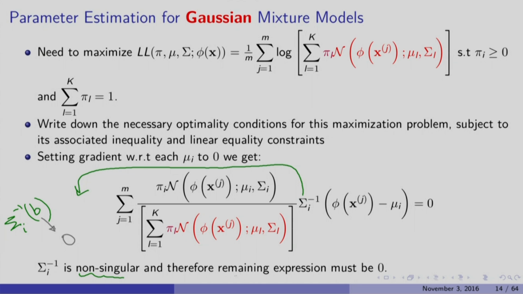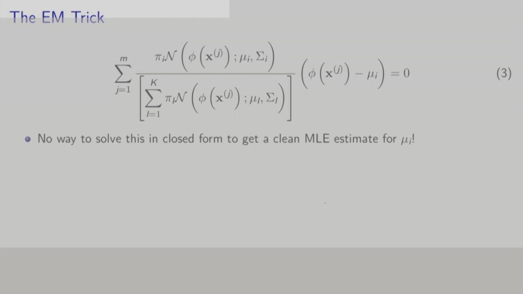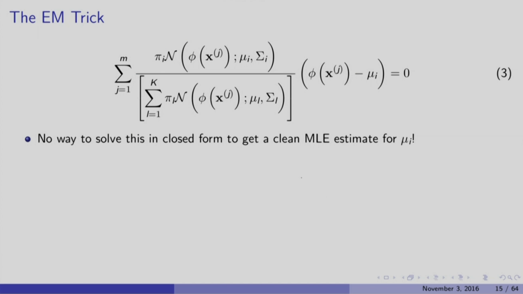And what is that remaining expression? Well, the remaining expression is everything except sigma_i inverse. So here is our remaining expression, this is the vector b, it should go to 0. Now this involves mu_i in extremely complex ways, so there is no clean way to solve this in closed form to get an estimate for mu_i.